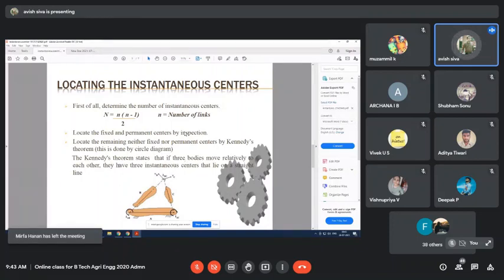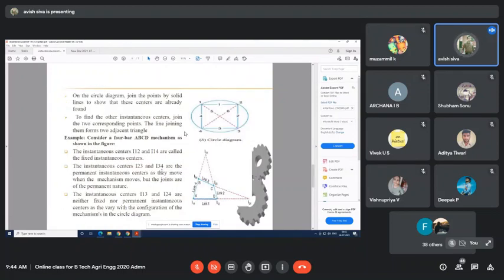We will discuss that theorem in the form of a 4-bar mechanism itself.